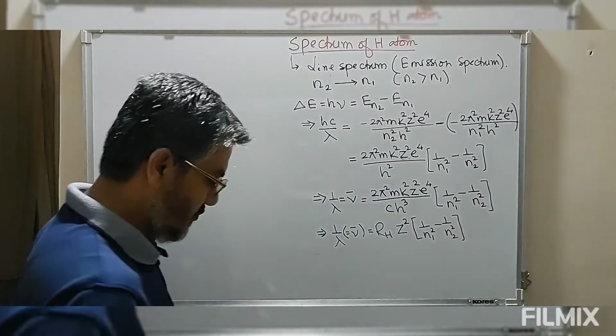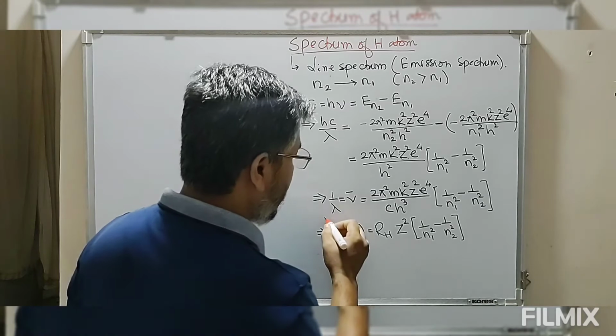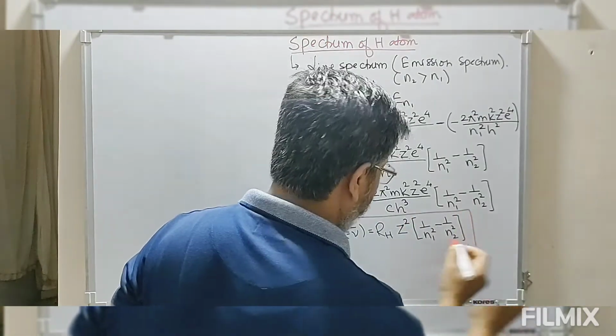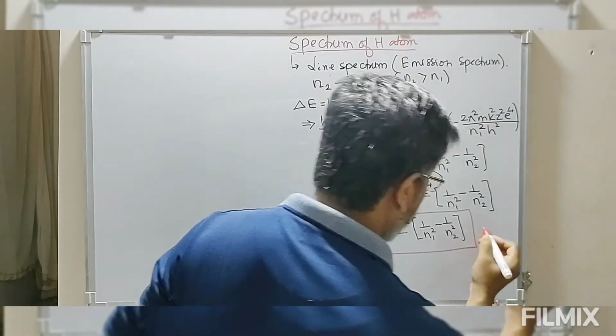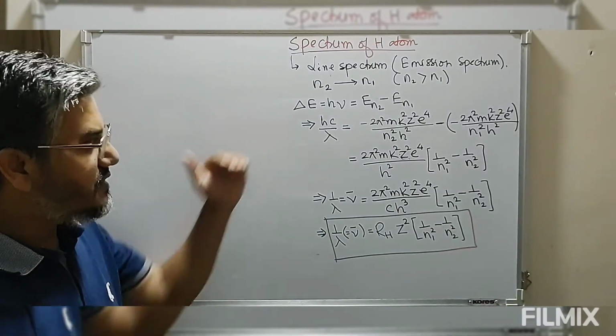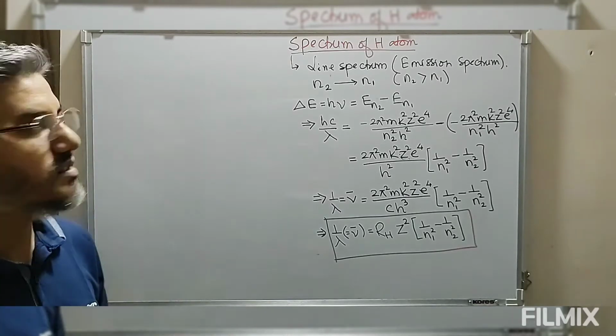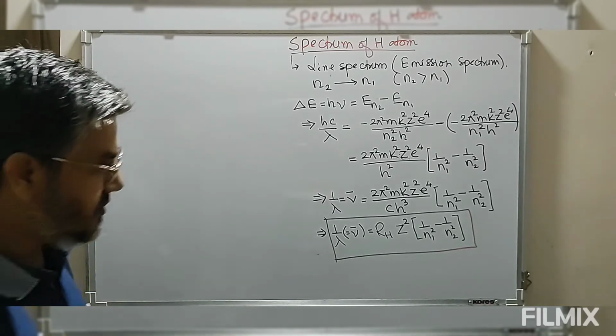This final equation will be used for the calculation of the frequency, the wave number or the wavelength of the line that is emitted when an electron comes from any excited level to the ground state in the hydrogen spectrum.